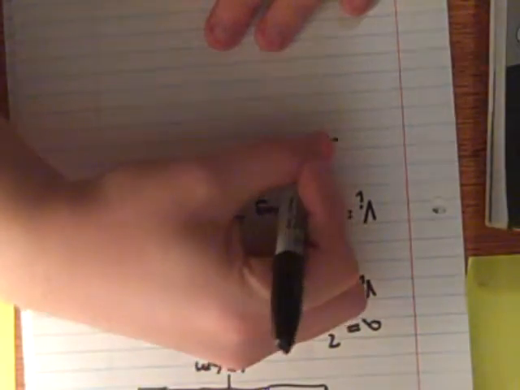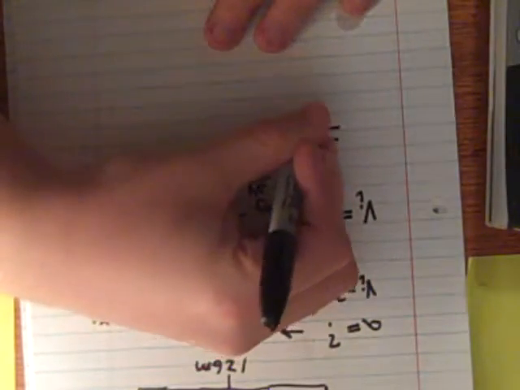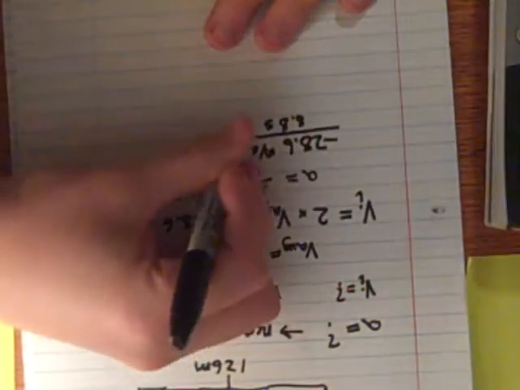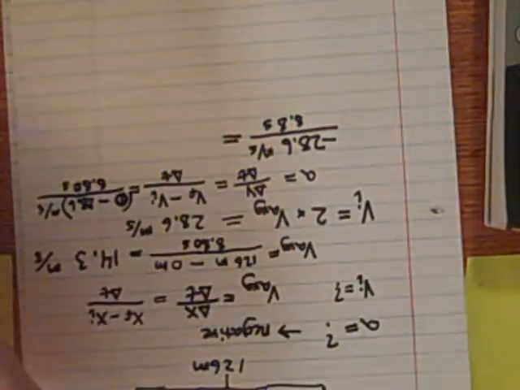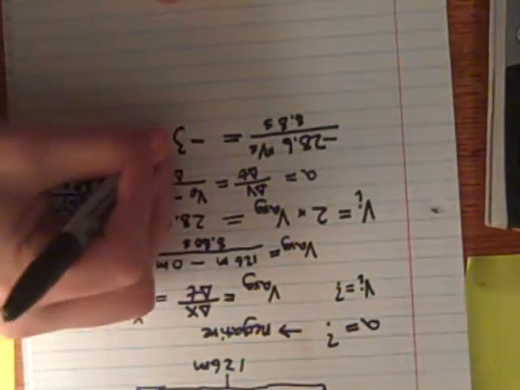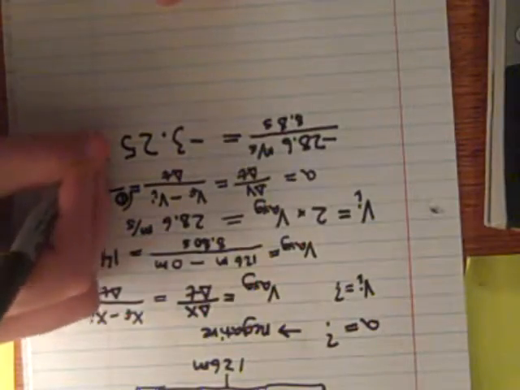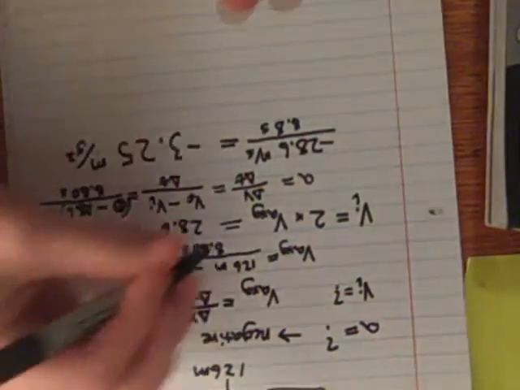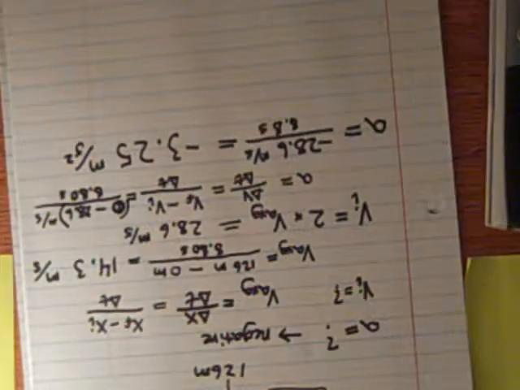So with negative 28.6 meters per second over 8.8 seconds, we get negative 3.25 meters per second squared. Acceleration. So that's it for the first part of that problem.